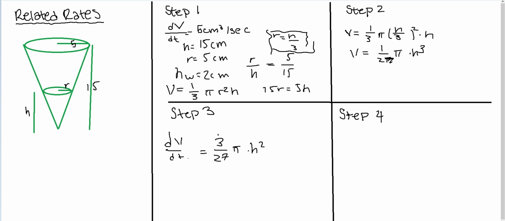And remember, we are taking the derivative with respect to t, so when we took the derivative of h, we're going to have to say dh/dt. Okay. Now that is our related rates equation.